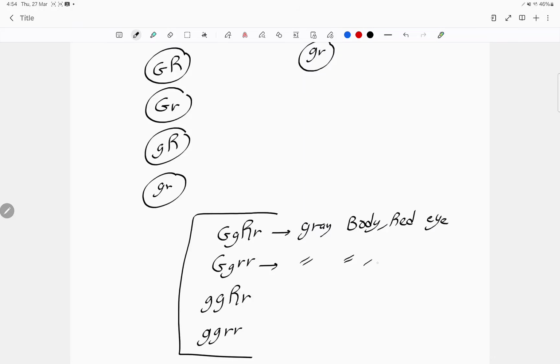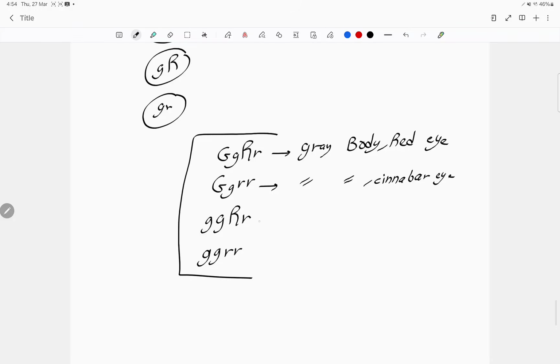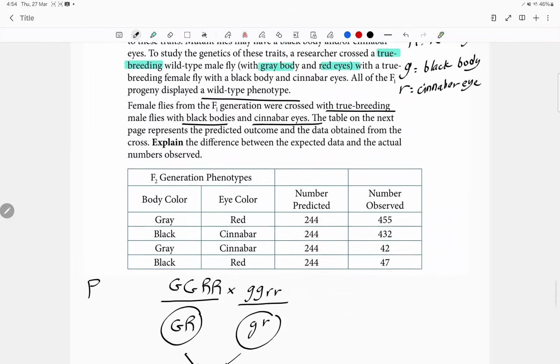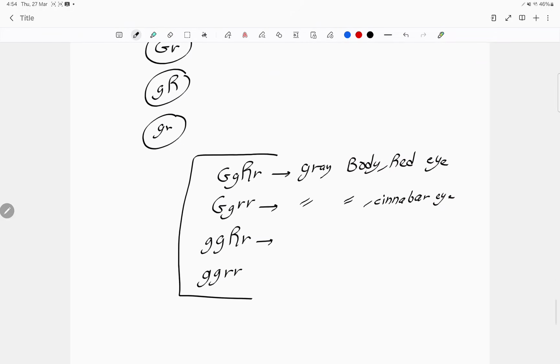Gray body, cinnabar eye. Okay. And small g means black body. Red eye. And we're going to also have black body, cinnabar eye.